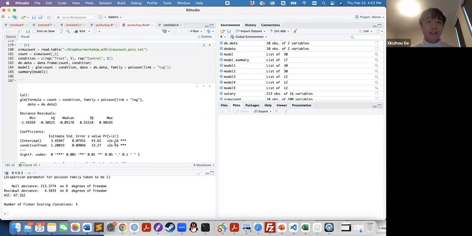That will give you the F-test results, which test whether all the betas are equal to 0. But here we only have one predictor, so the test is on this single predictor, and the p-value is from the hypothesis test of whether the coefficient for this condition predictor is equal to 0 or not.